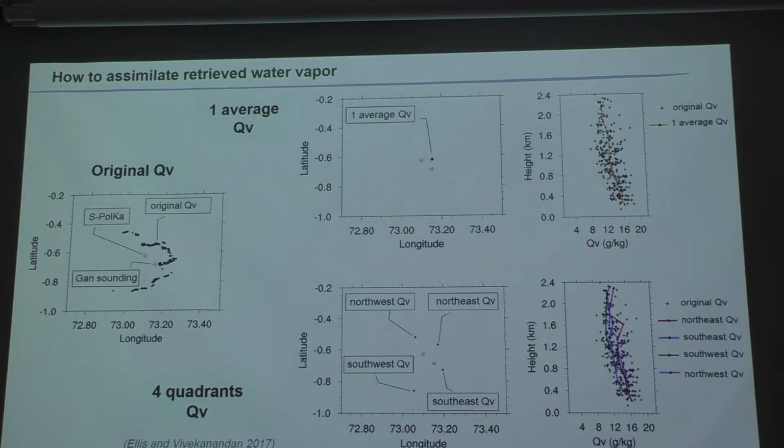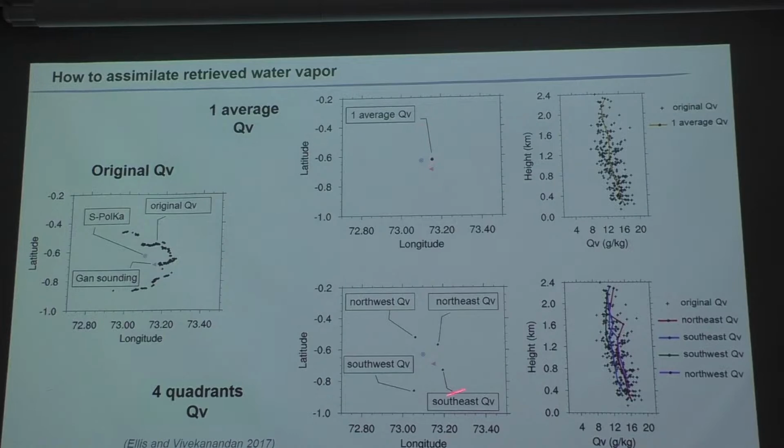but that information provides you the vertical profile of the humidity nearby the storm. Okay. So this is what the original data looks like, and when we try to apply the idea to assimilate this information, since it's quite close, you can just think about doing the average, and then assimilating one single profile.